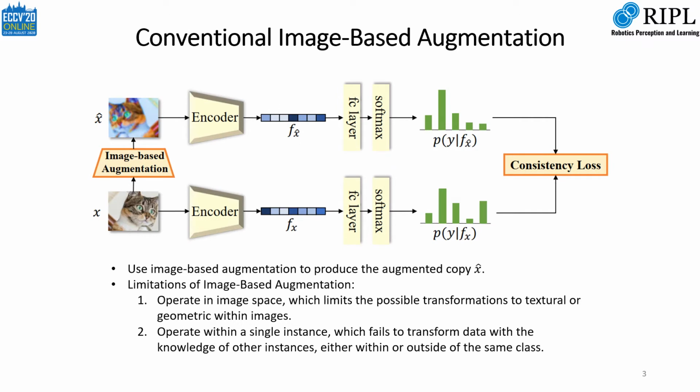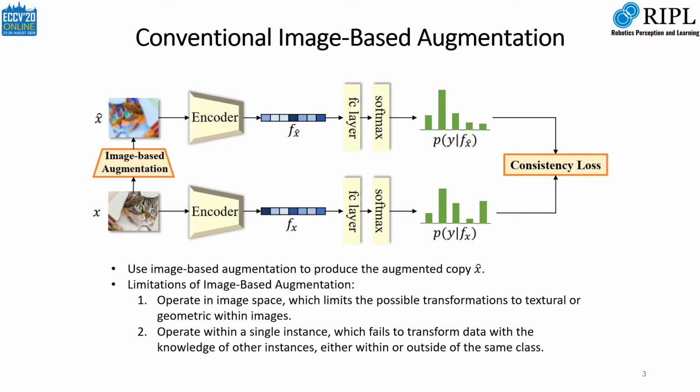State-of-the-art consistency regularization methods rely on image-based augmentation, such as RandAugment or AutoAugment, to produce the augmented copy X hat. However, there are several limitations of the image-based augmentation. For example, they only operate in image space, which limits the possible transformations to simple textural or geometric transformations.